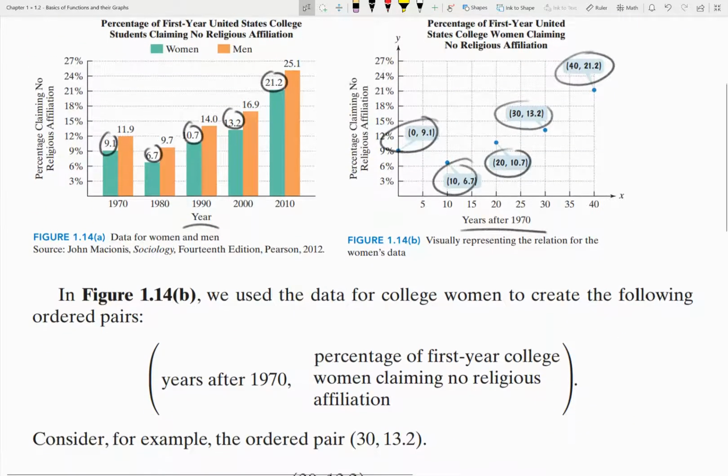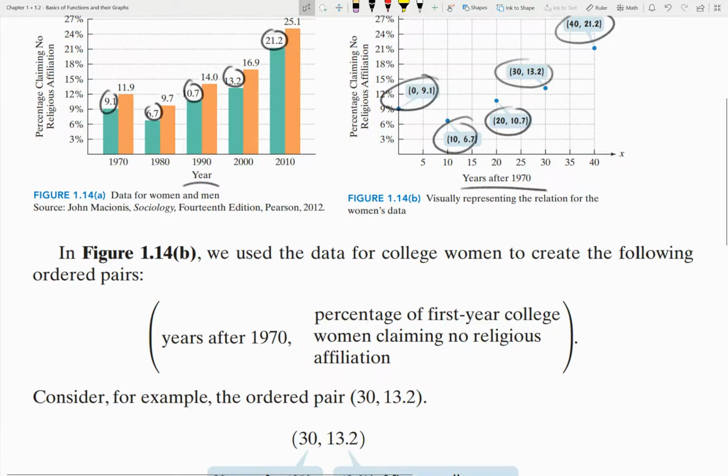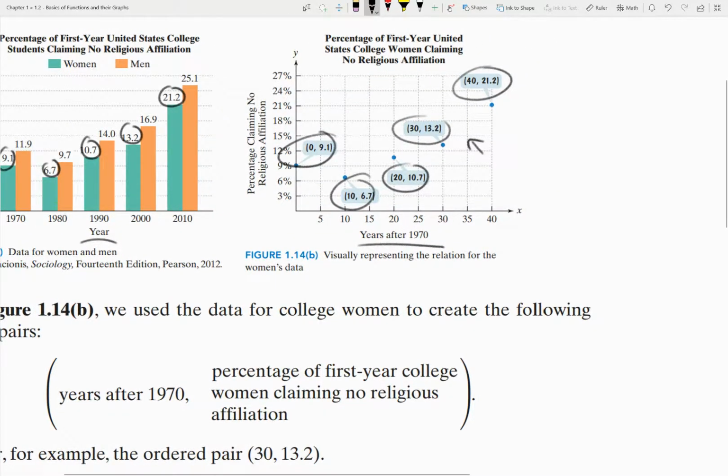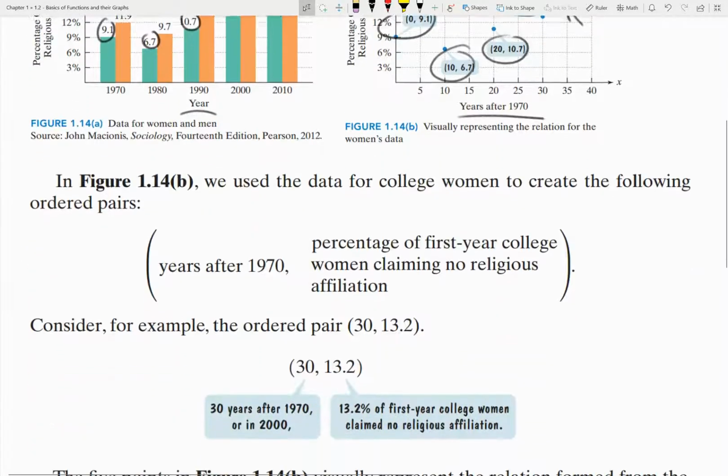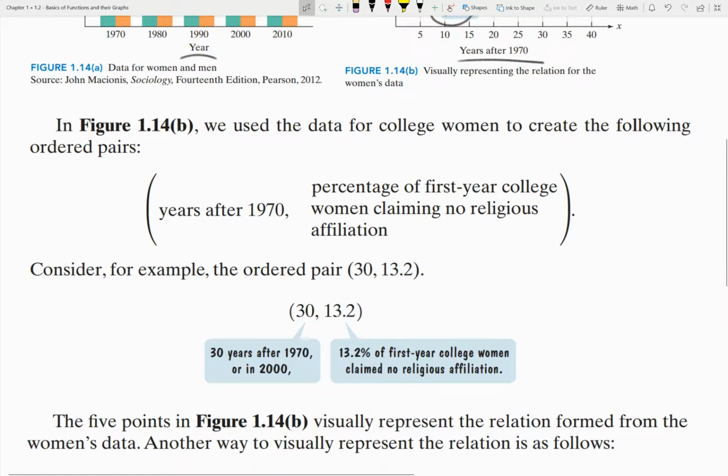And you can see that we changed this data from the bar graph on the left to these ordered pairs with years after 1970 and percentage of first-year college women claiming no religious affiliation. And that is where the input 30 and the output 13.2, this guy right there, came from. 30 years after 1970, 13.2%.